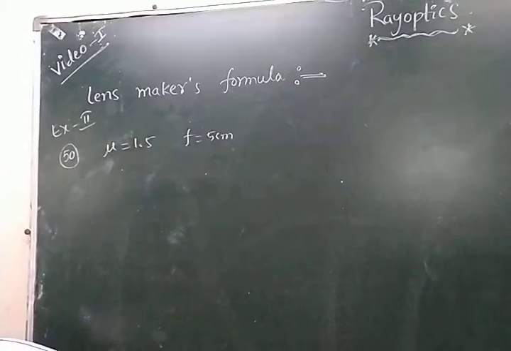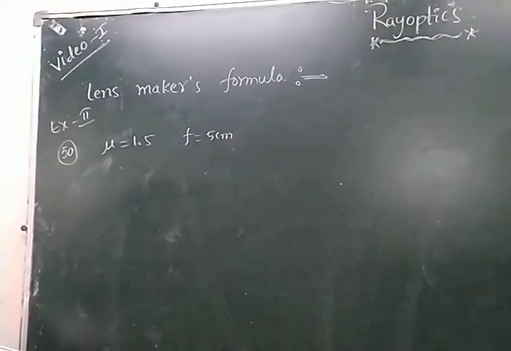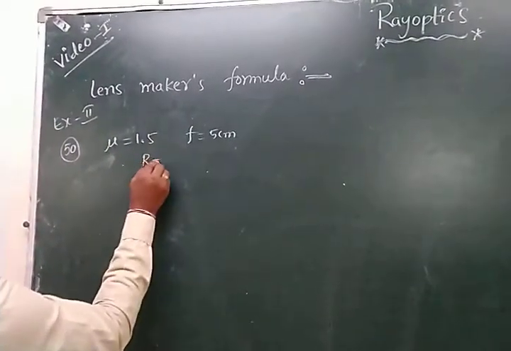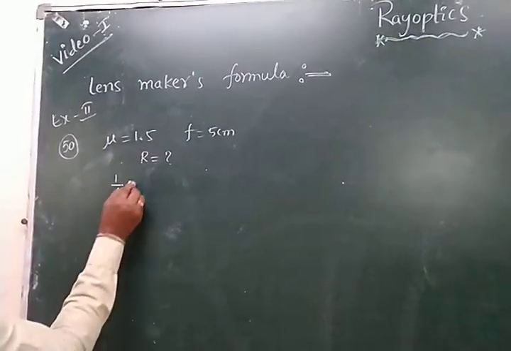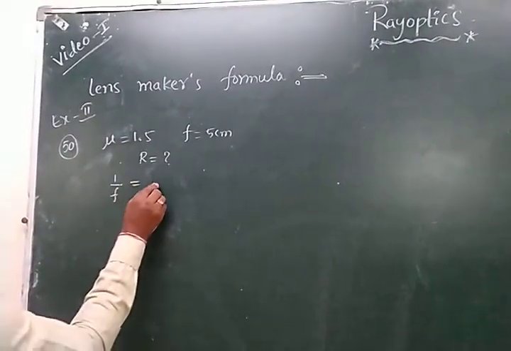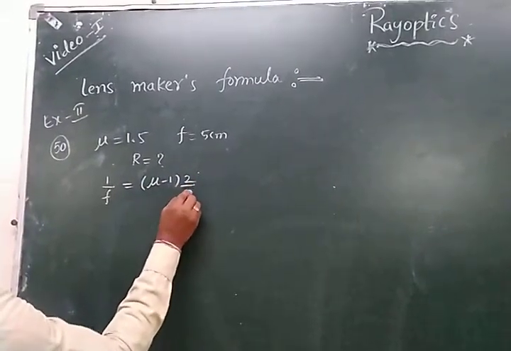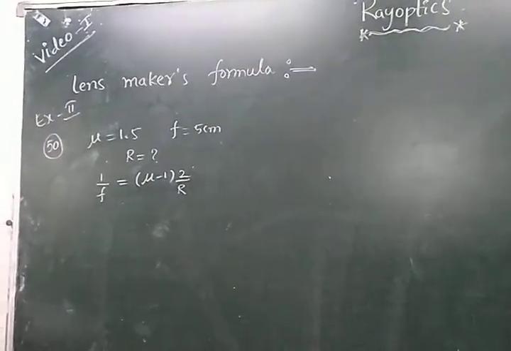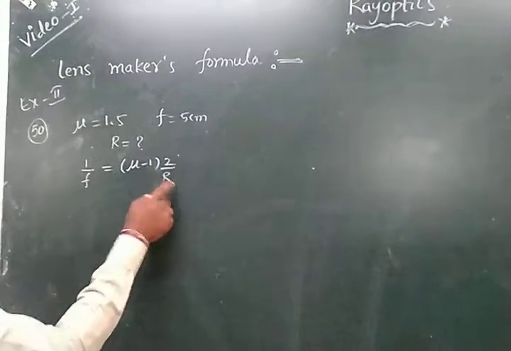If the radii of curvature are equal, what is the value of the radius of curvature r? We know the formula, 1 by f is equal to (nu minus 1) into 2 by r, because that is the formula for a double convex lens.